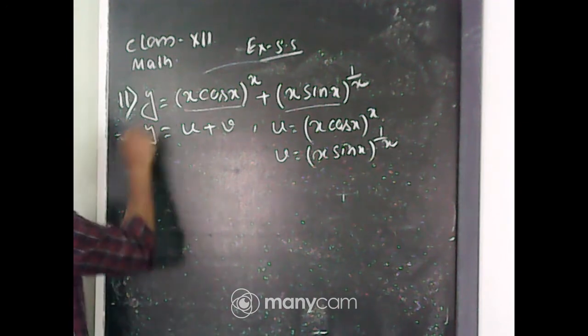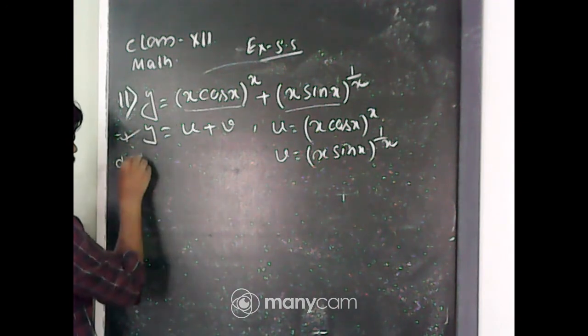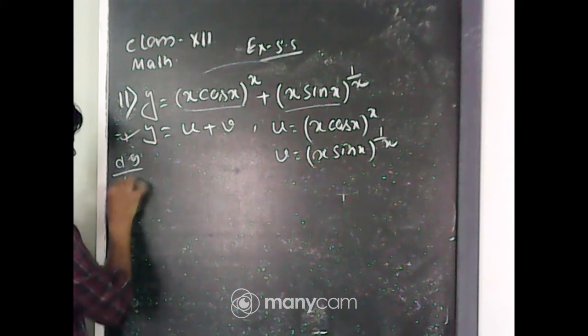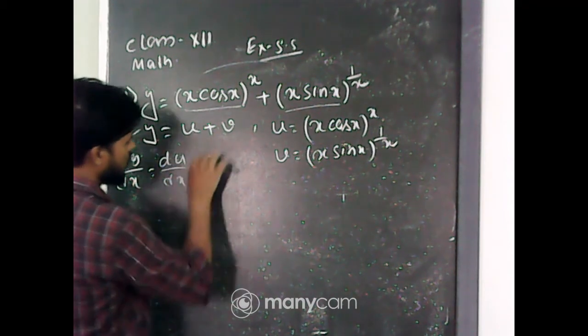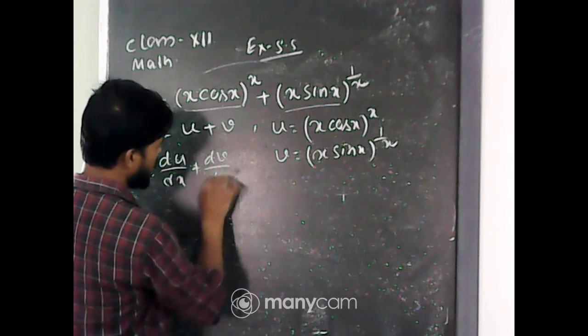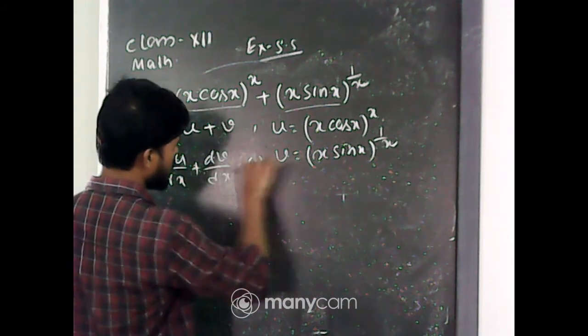Now if I differentiate with respect to x, we have dy/dx is equal to du/dx plus dv/dx. Let this be our equation number 1.